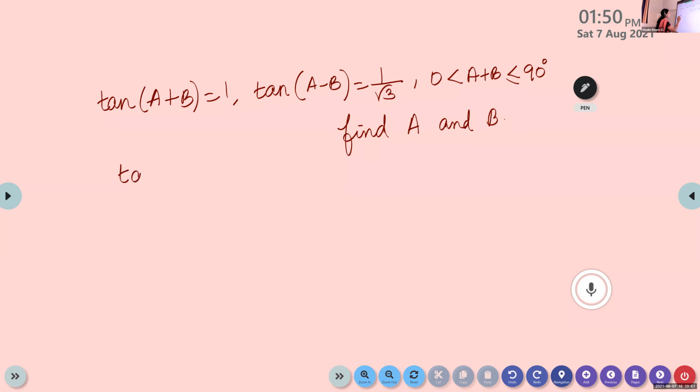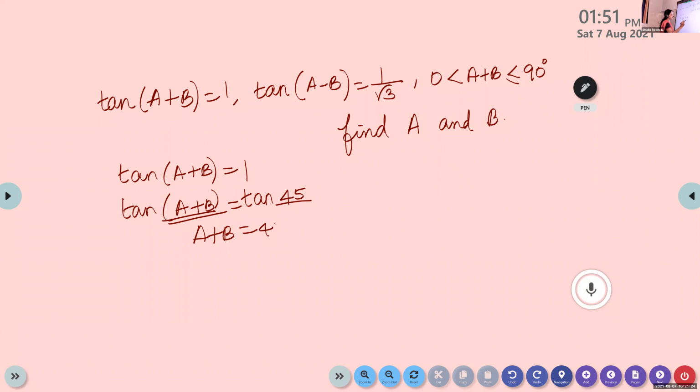You start with tan of A plus B. Children, this is for the MCQ portion, so don't write elaborately. You should understand and try to do it within the minimum steps. For tan, for which value will we get 1? 45. So A plus B is 45.